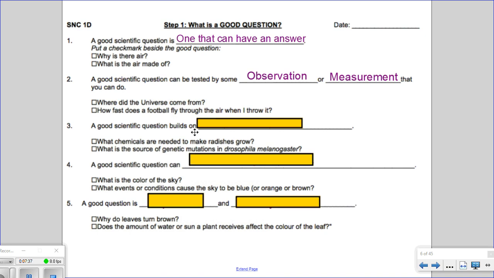A good scientific question builds on what you already know. What chemicals are needed to make radishes grow? What is the source of genetic mutations in Drosophila melanogaster?